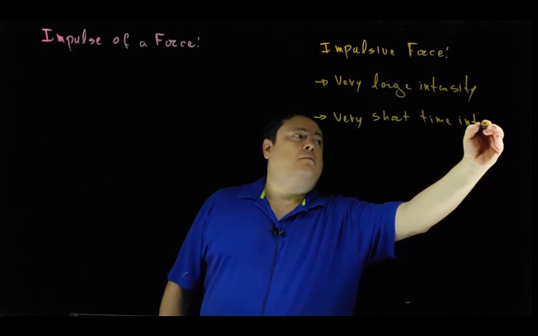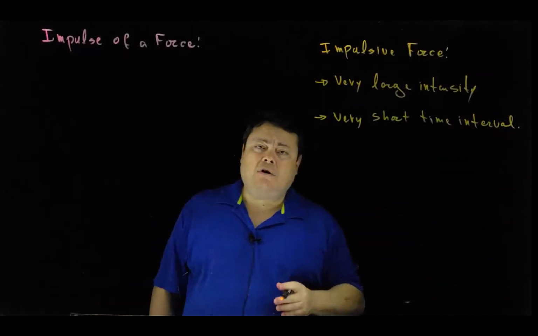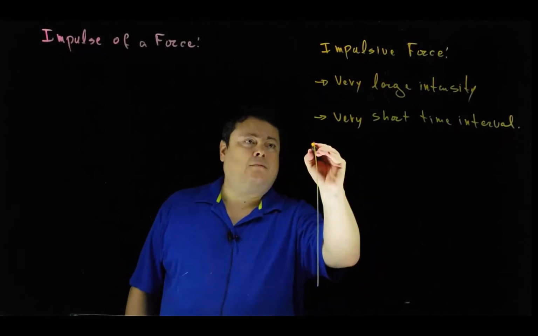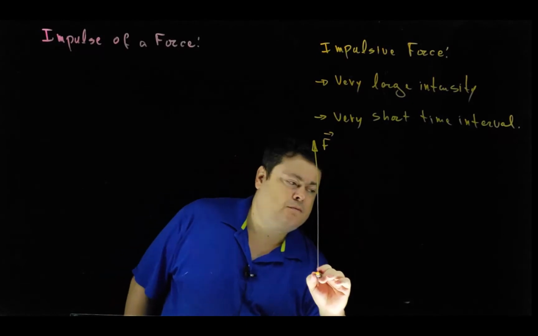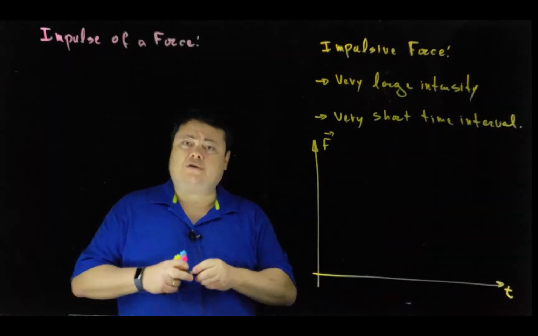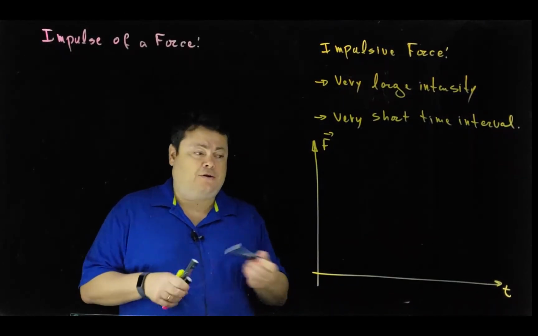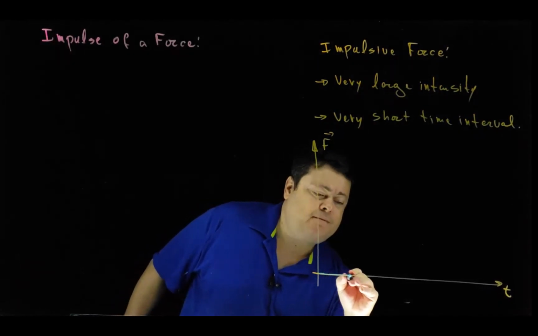interval. If I graph the force as a function of time, an impulsive force would have a graph that would look very much like this here. It's 0 for most of the time.